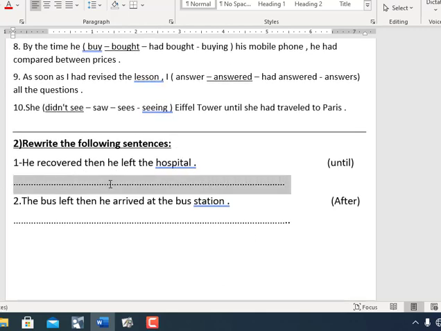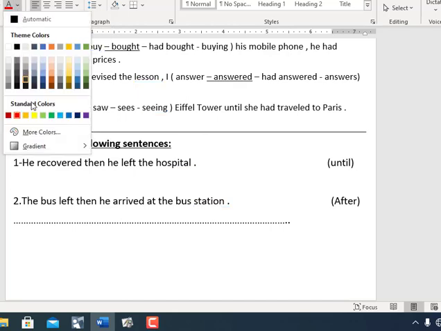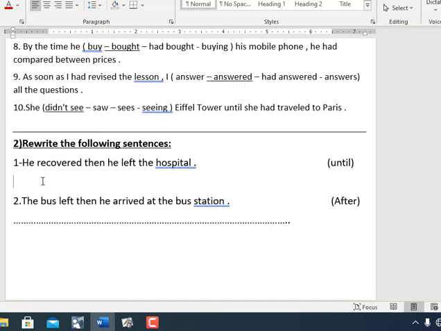Please pause this video, try to answer by yourself, then come and check your answers. Now here is the answer for the question. He recovered and he left the hospital. What happened first? What happened first is he recovered, and the second action is he left the hospital.